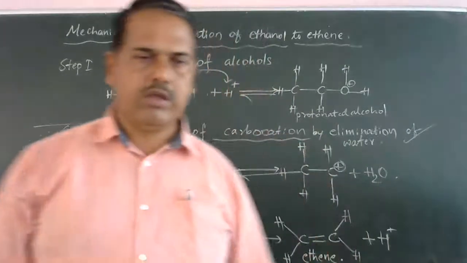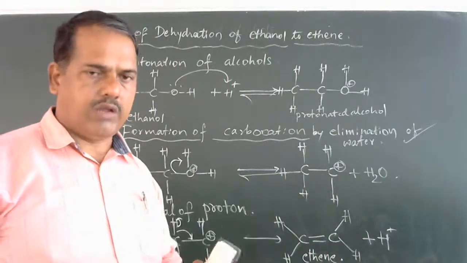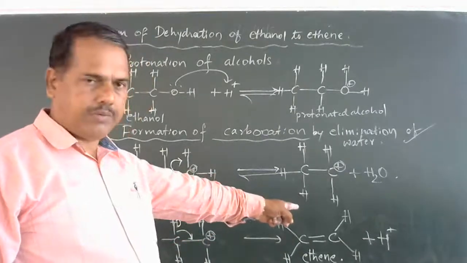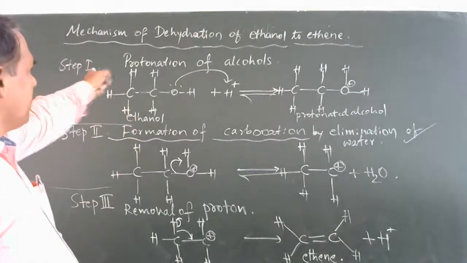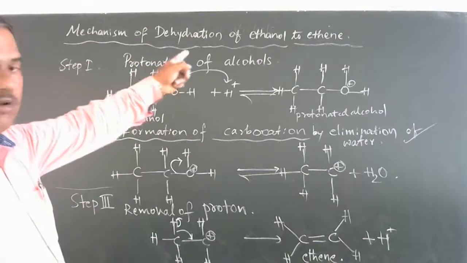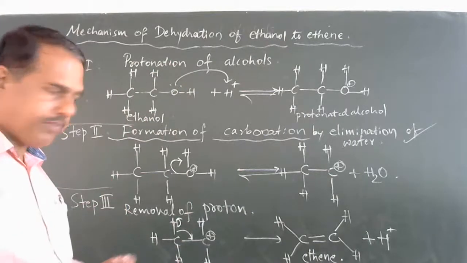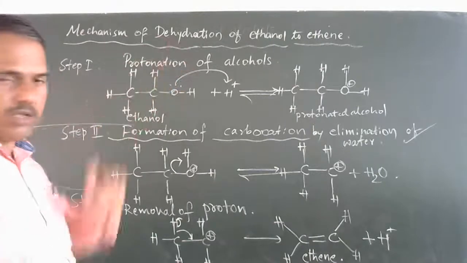You can easily go through this reaction, practice it, and you can easily write. In the last step, you have to write the removal of proton. Okay? This completes our study of the mechanism of dehydration of ethanol to ethene.